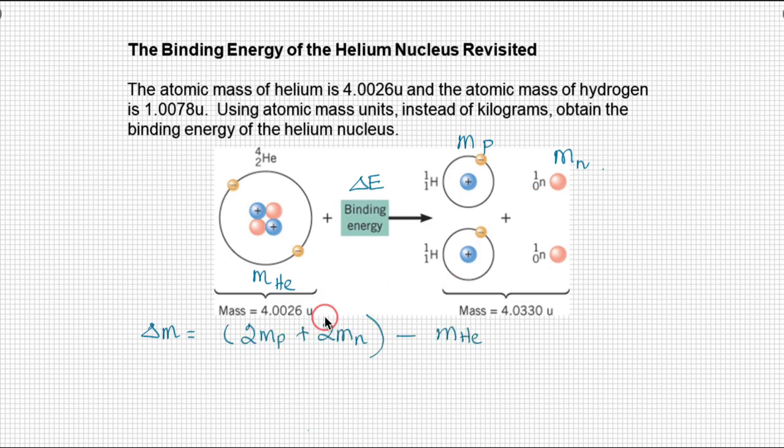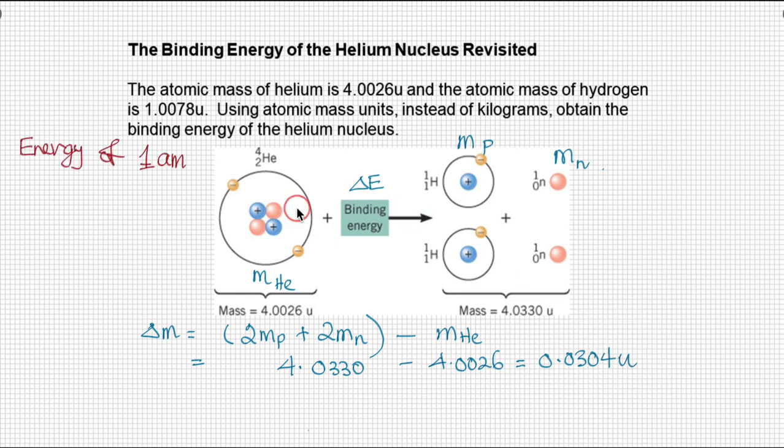So to find the mass difference, there's the total mass of your nucleons outside the nucleus. Here's the mass of your helium nucleus with the nucleons bound together, and you can see the numbers are a lot easier to work with, such that we get a mass difference of 0.0304 atomic mass units.